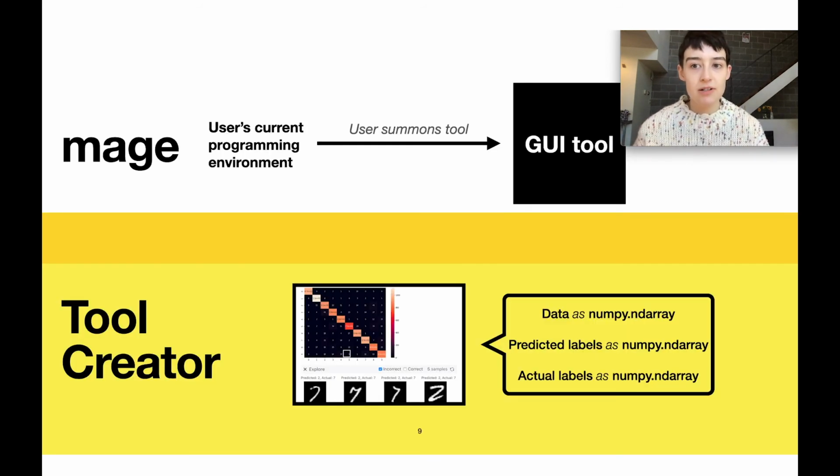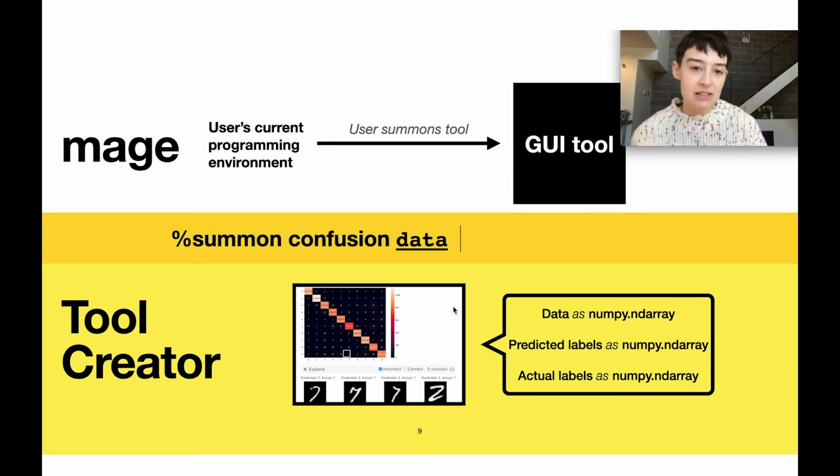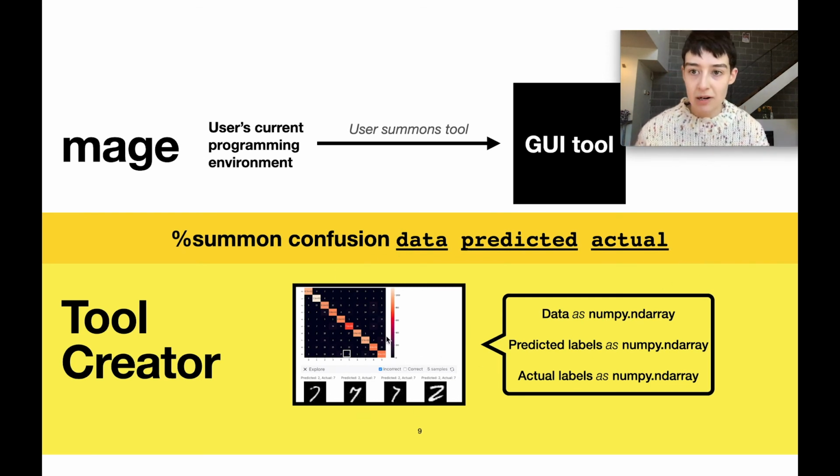Now, how Mage works, very simplified, is that it handles the aspects of the user's programming environment to provide a tool creator with what information they need to display appropriate context information in the user's environment. Now, as the user works, they can summon, using the summon command, the GUI tool along with the data that the tool requires.